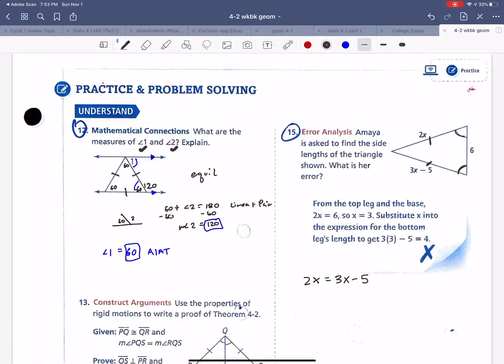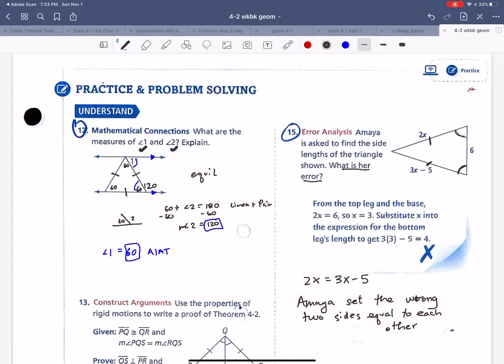It says from the top leg and the base, 2x is equal to 6. So she set these equal. Now this one's long and this one's short. So, what did she do wrong? Amaya set the wrong 2 sides equal to each other.